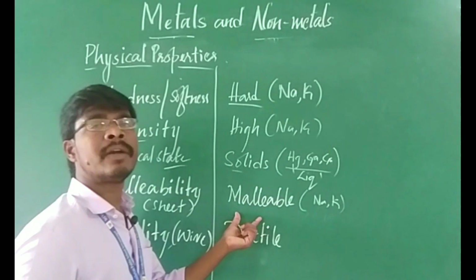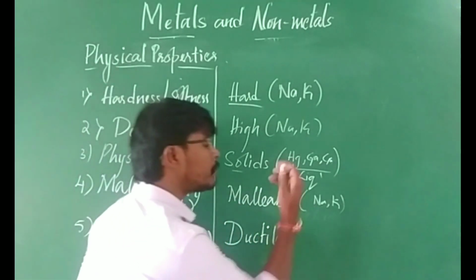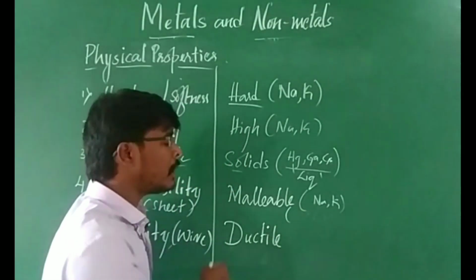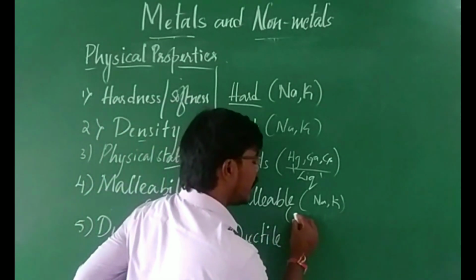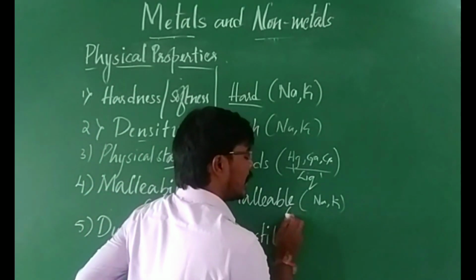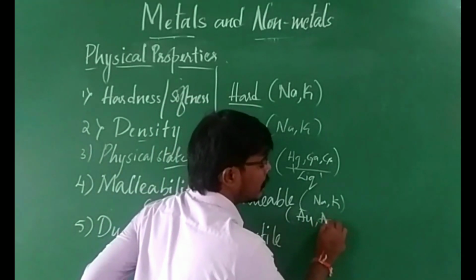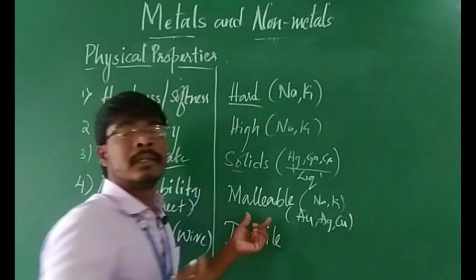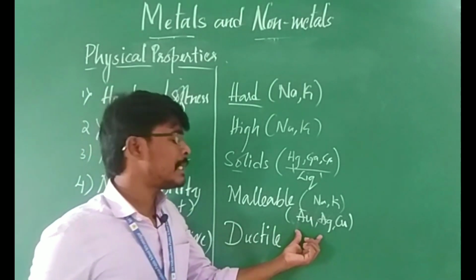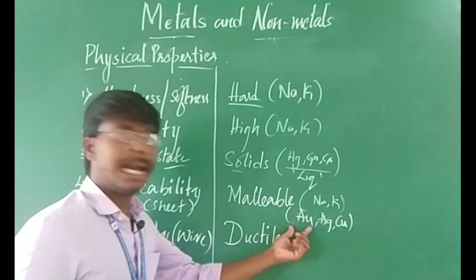So when you come to malleability, they may ask you a question: the most malleable element. It is gold, with the symbol Au, then silver, then copper. The most malleable elements are gold, silver and copper.